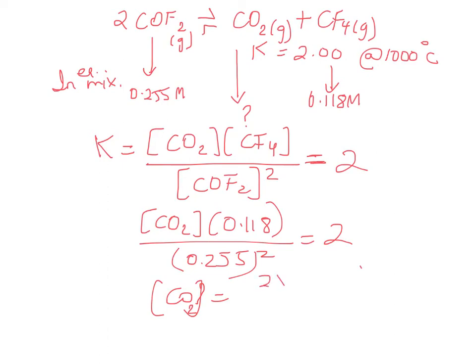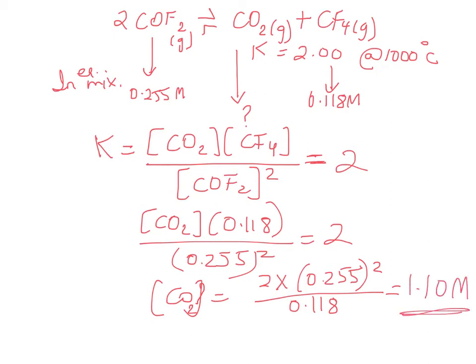So 2 times 0.255 square, divided by 0.118, and we'll solve this. On my calculator, I'm getting a value of 1.10, and since it's a molar concentration, we'll say it's molar, and that's it.